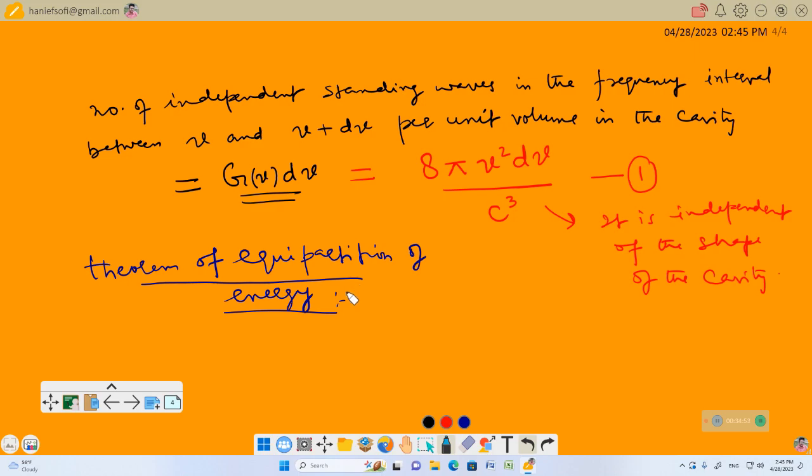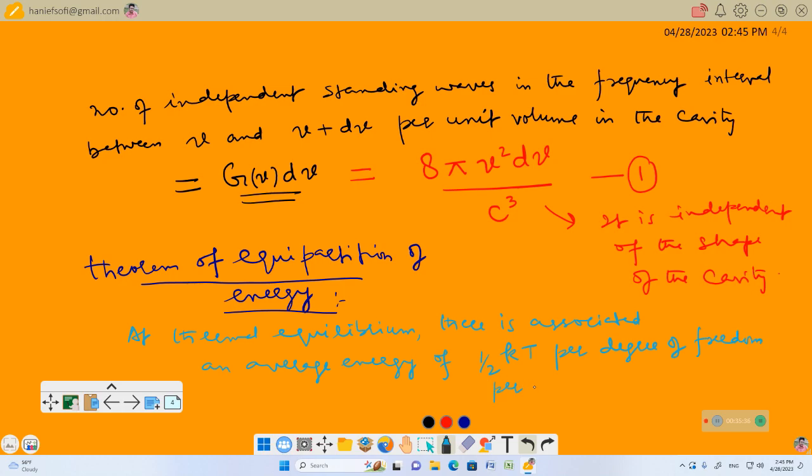It is stated: at thermal equilibrium, there is associated an average energy of half kT per degree of freedom per molecule.